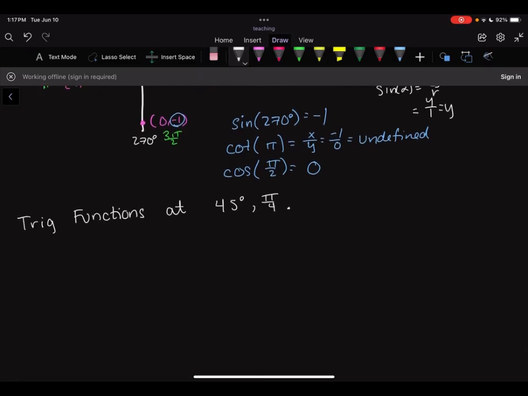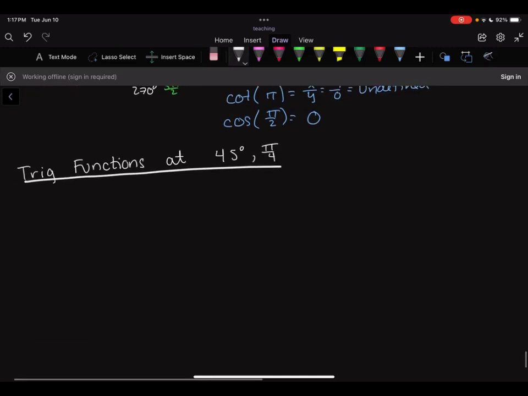Now, of course, I do like to show where this kind of stuff comes from. So I'm going to show you where we get this 45-degree relationship. First, we start with a box. Let's say that I let every side of this box be 1. Now, if I split this in half down the main diagonal, I have a right angle there because it's a box.